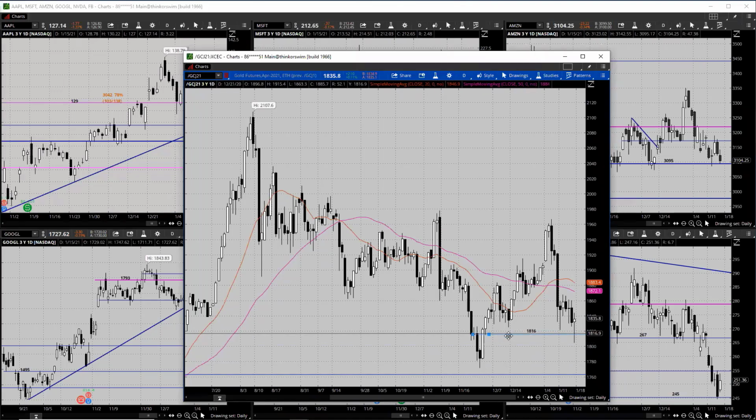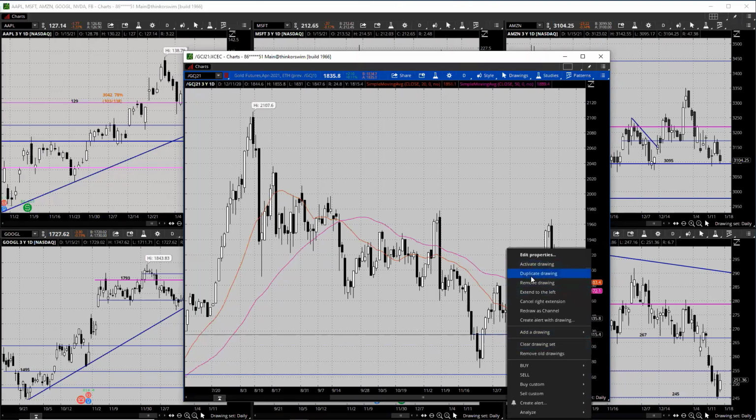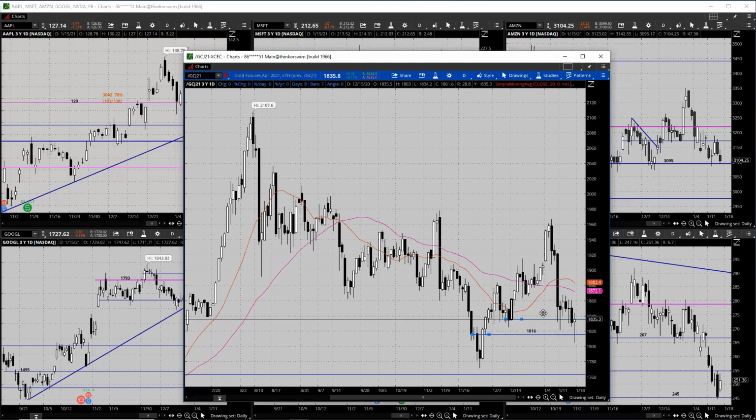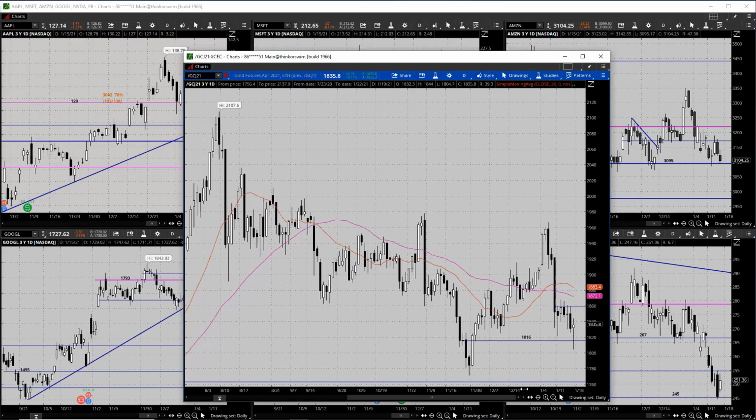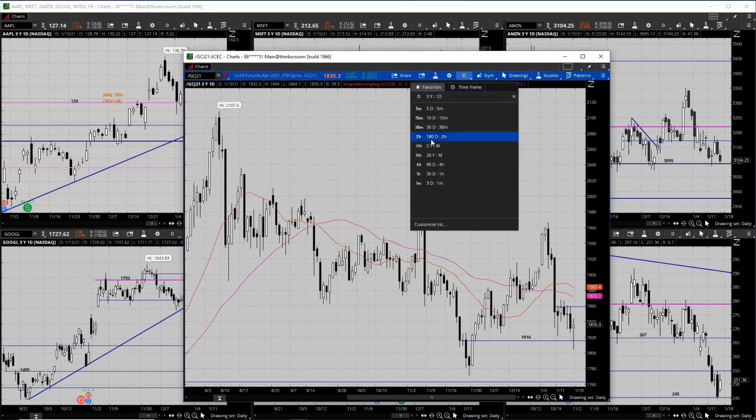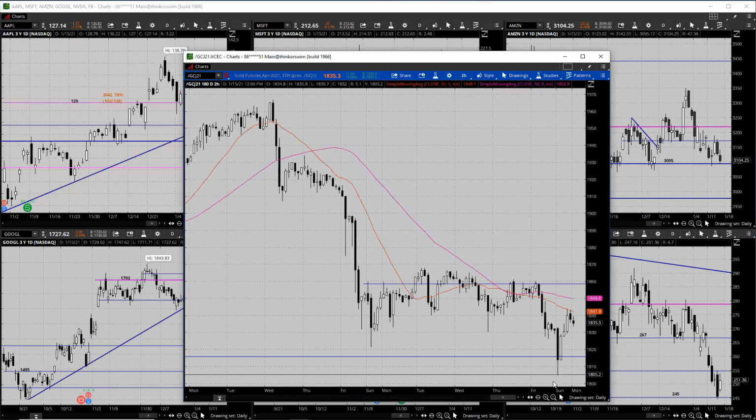And then resistance on the upside is going to be, well, I've got 1859, but it's essentially 1860 on the upside. If you're looking on a very short-term basis, like a 2-hour chart, there's that 1816 on a very short-term basis, which you can see they're having trouble with.